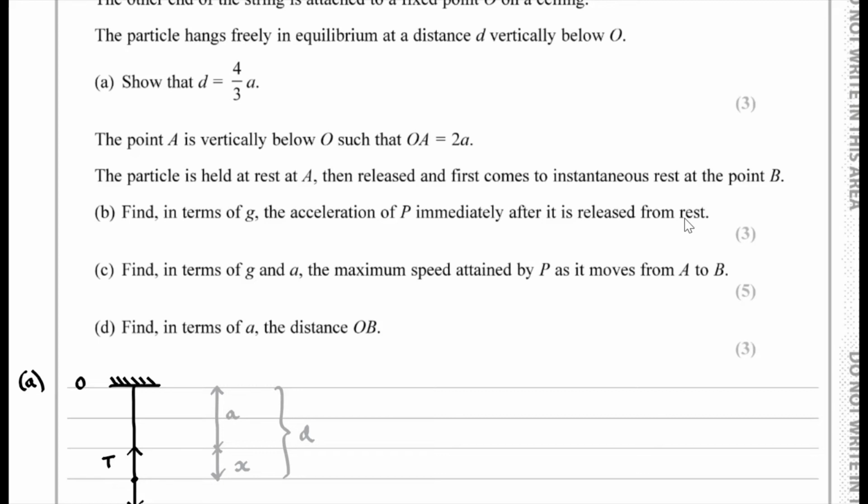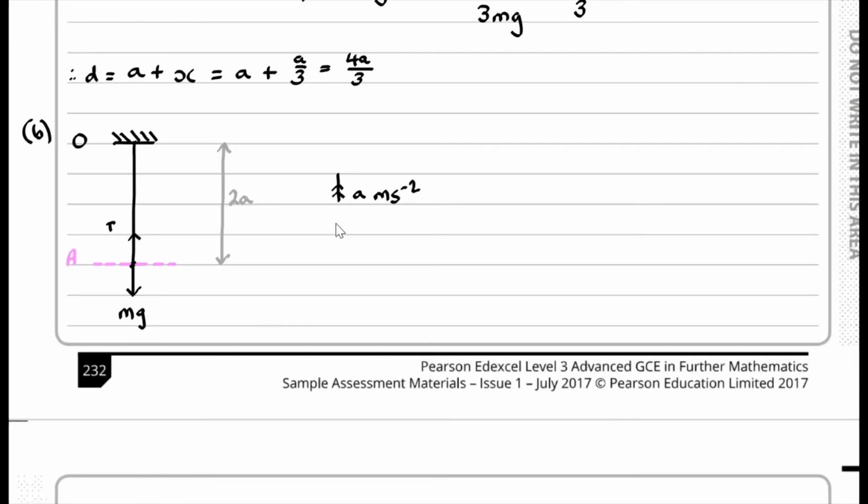Well, again, I think a quick diagram will help illustrate what's going on. So we've got the string which is stretched to the point A, and we've got the length OA equaling 2a, and we can find the acceleration by using F equals ma.